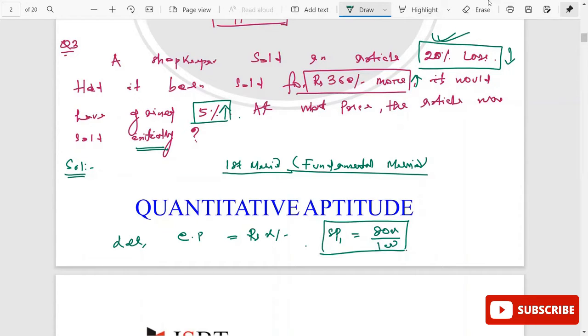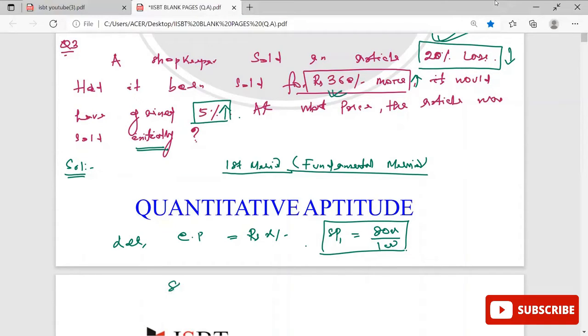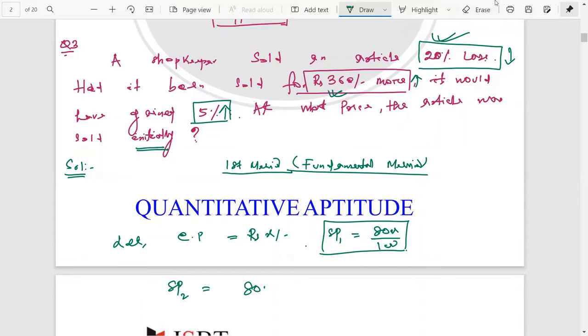Again, had it been sold for 360 rupees more, what should be the second selling price? That means 80x by 100 plus 360 rupees.